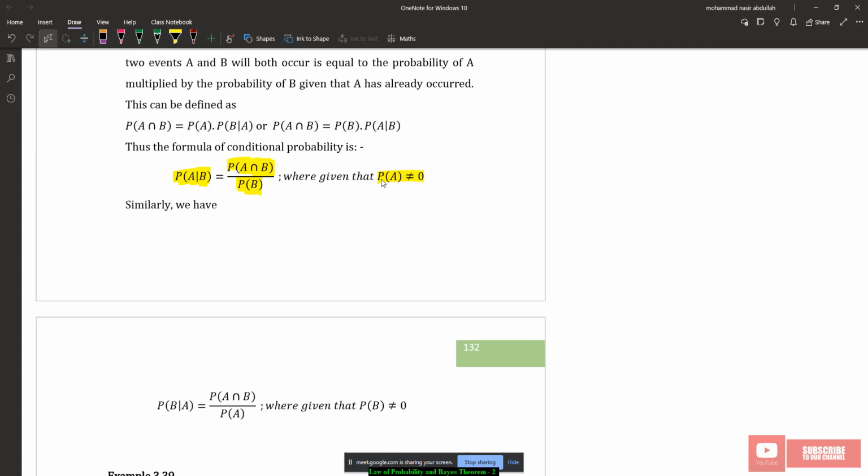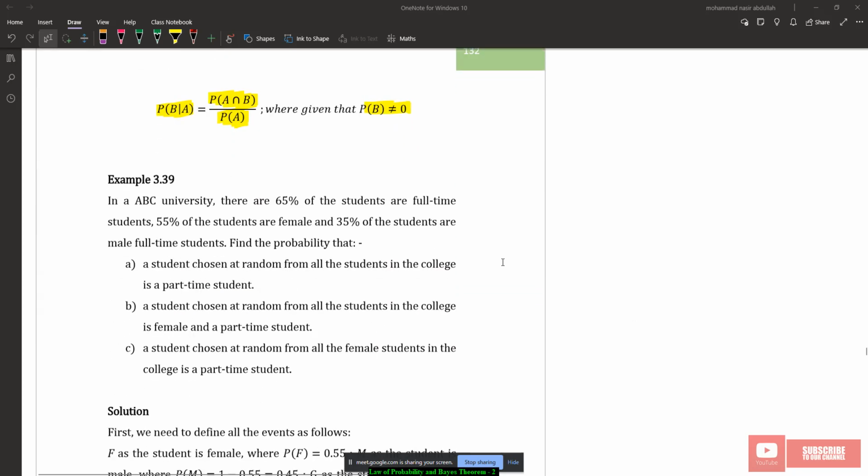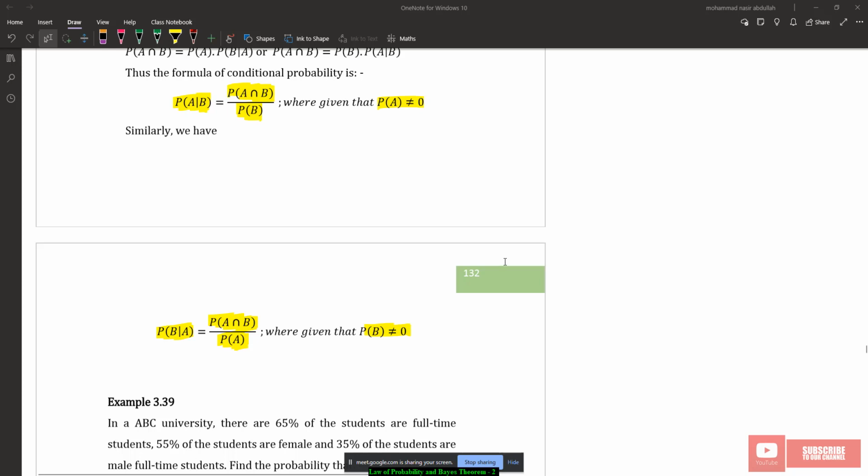Okay, so probability of B given A is also equal to probability of A intersect B divided by probability of A, and probability of A cannot be 0, right? Okay, that is the formula for conditional probability, and we already understand. I already explained the formula to you. What is the meaning of this formula?